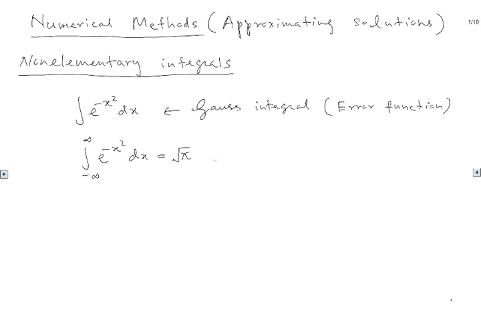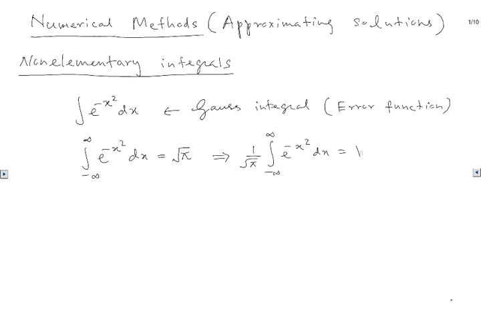So what you can do is divide by square root of pi both sides, and you're going to get equal to 1.